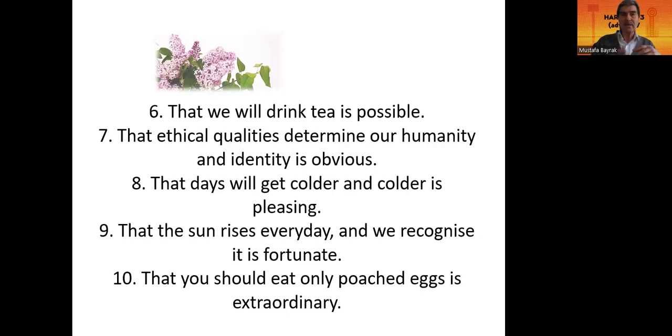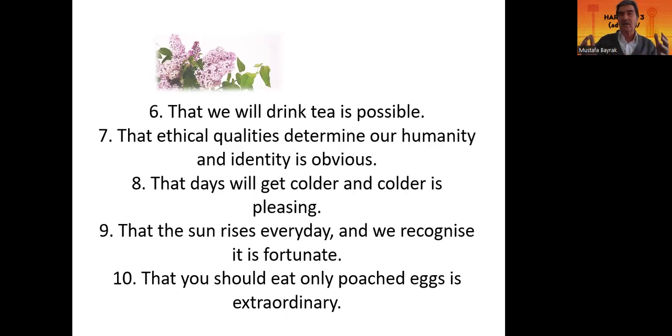7, that ethical qualities determine our humanity and identity is obvious. For example, if we omit that here, it becomes an independent clause, a main clause. Let's ignore that. Let's read: ethical qualities determine our humanity and identity. Full stop.